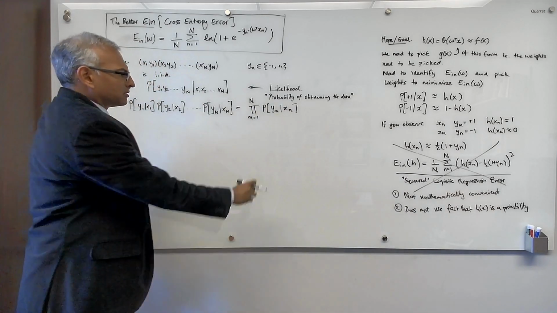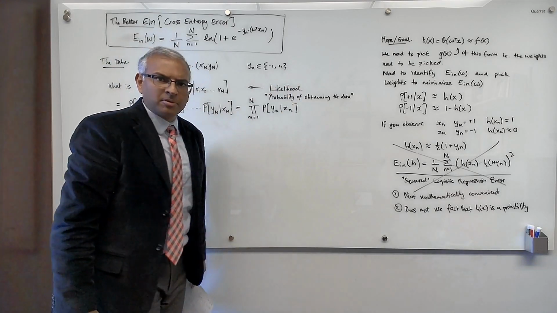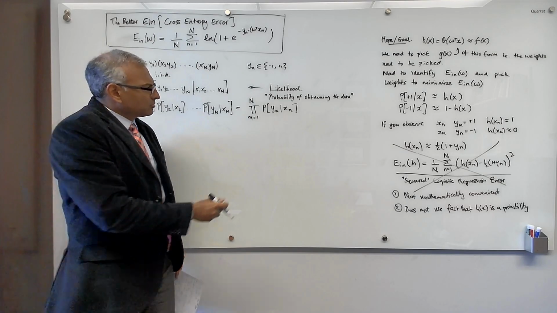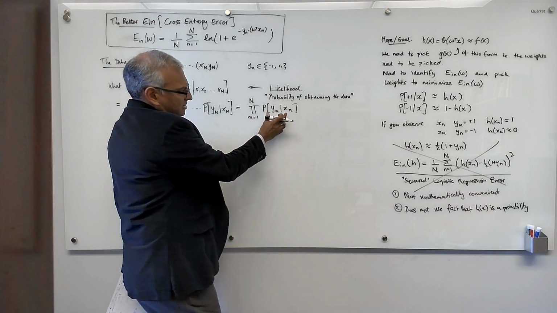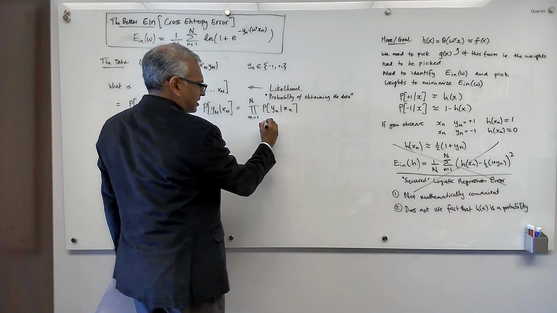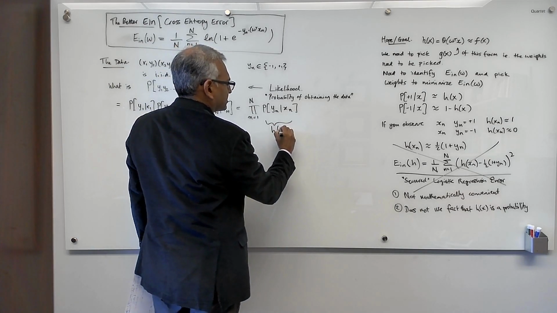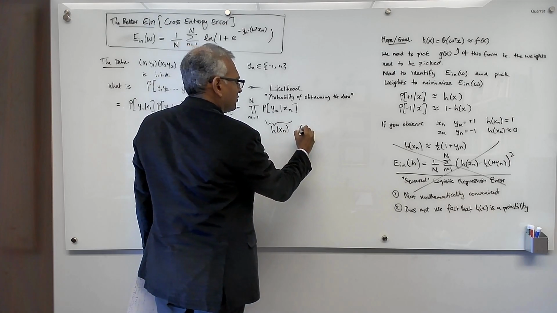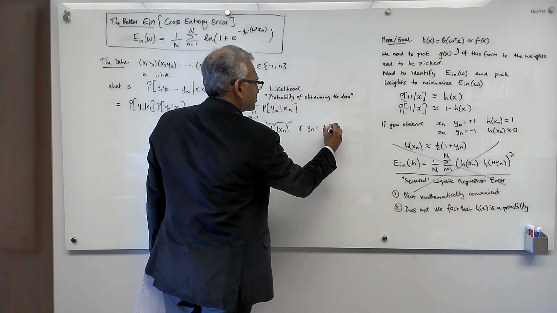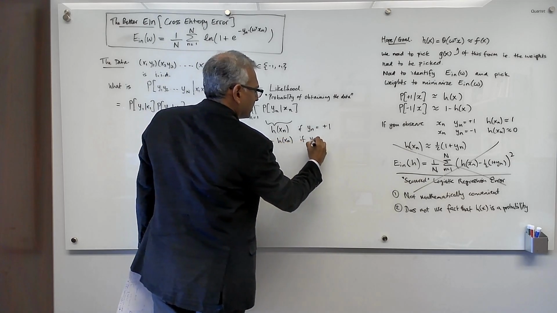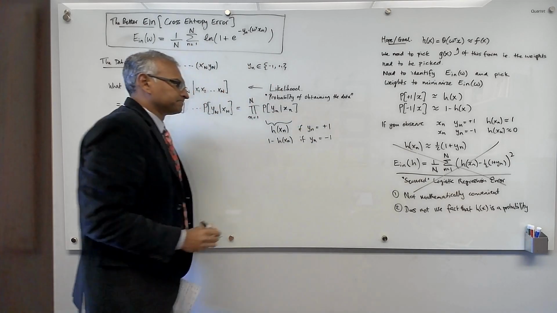The hypothesis that we're ultimately going to produce, if it's close to f, is exactly capturing this quantity. So this is supposed to be H of xn if yn equals +1, and 1 minus H of xn if yn equals -1.